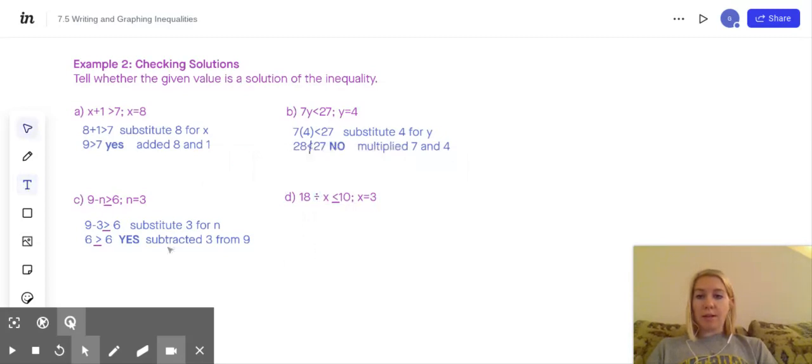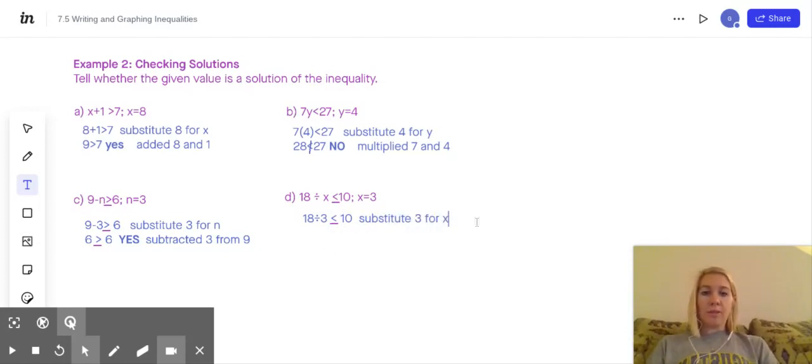So our problem is going to read 18 divided by 3 is less than or equal to 10. So we substituted 3 for x. You don't need to type this out on your homework, but I'm just showing you the steps that I did.